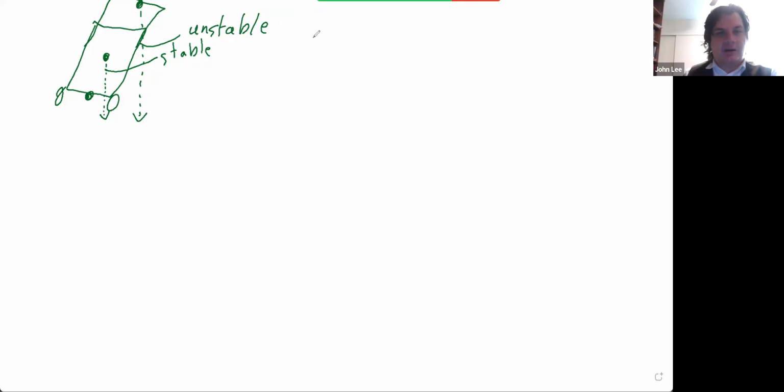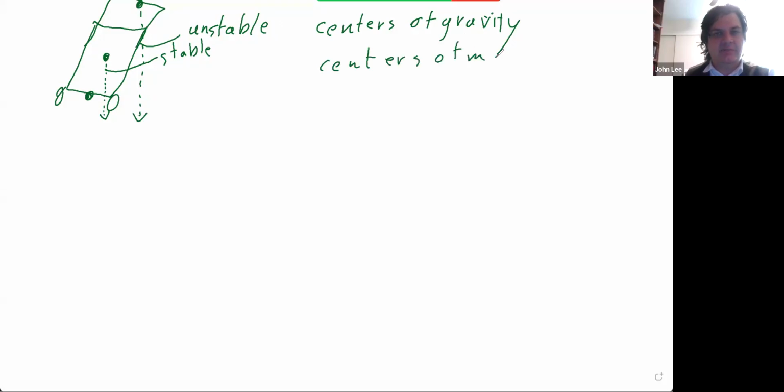So these are centers of gravity, which are essentially centers of mass for small objects. Small objects means like smaller than a mountain, basically.